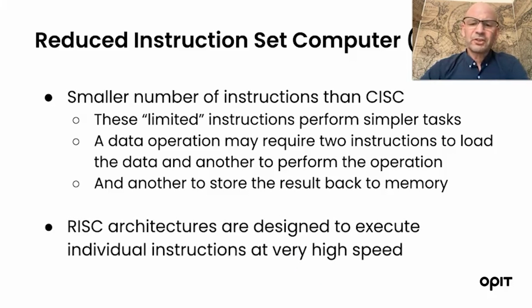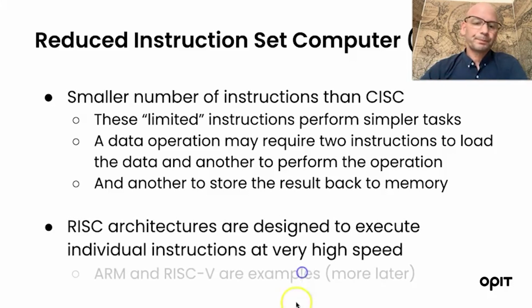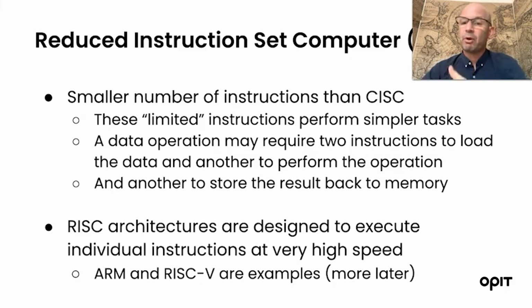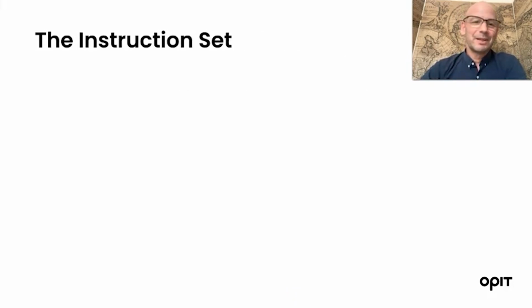RISC architectures are designed to execute individual instructions at very high speed. ARM and RISC-V are examples. Again, we'll talk more about these architectures a little bit later on in the course. For now, we're just sticking to the 6502 because it's a much simpler architecture.